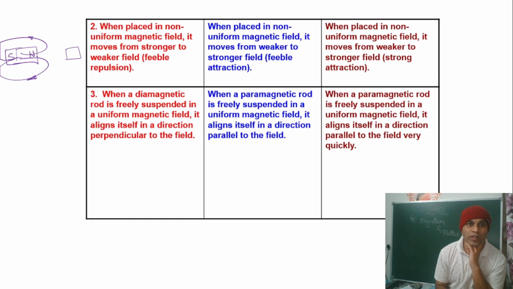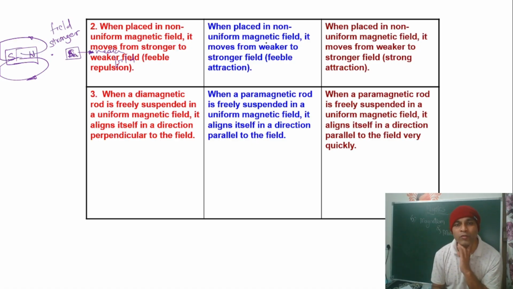Here it is a stronger field, and on this side it is weaker. So it will try to go from the stronger field to the weaker field side. This antimony, this side, will try to go away from this magnet towards the weaker region.